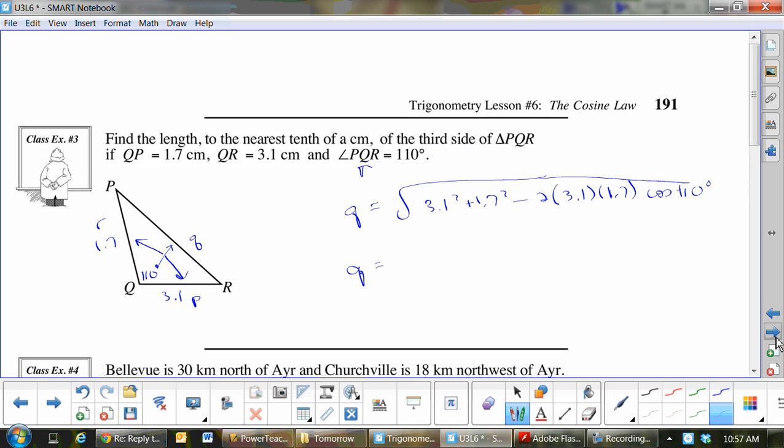Did you square root it? What do you get? 4.0. Okay, so what was the answer to the last one? 4.0. What's the answer to this one? Okay, so these are so easy that every single time you do them, you're going to get the answer 4.0. No, I'm just kidding.